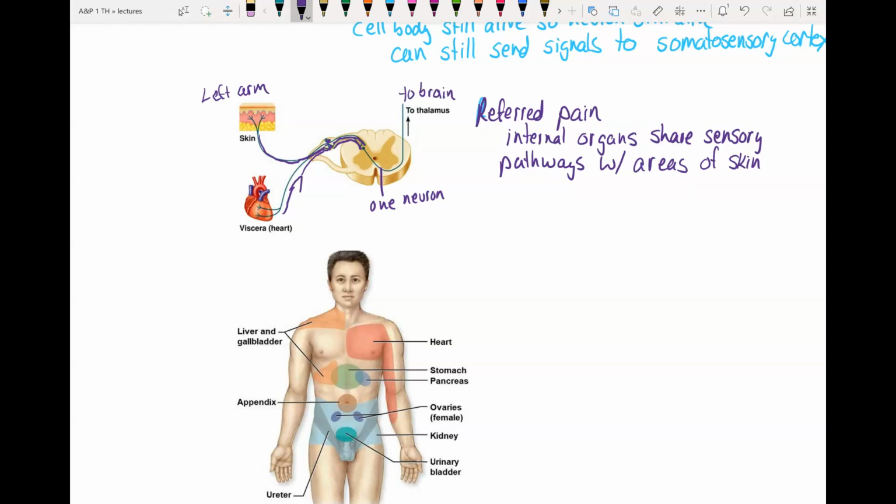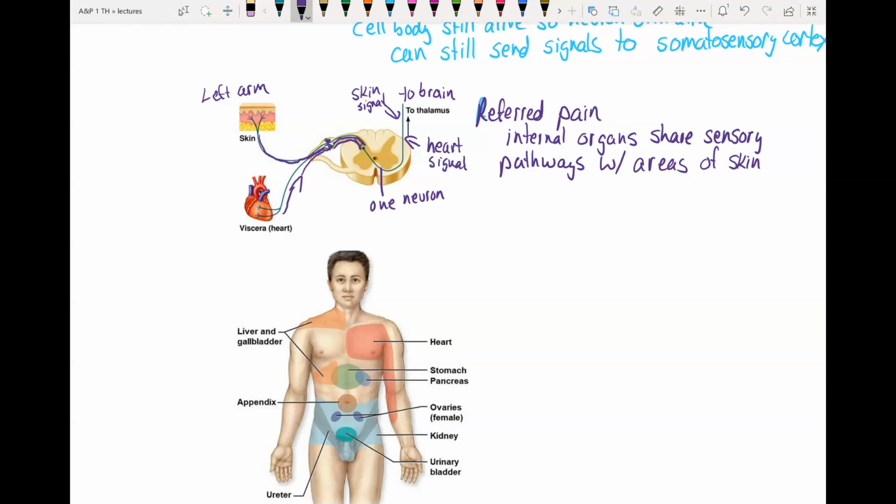So whenever the skin is hurt and it sends a signal, your brain gets the signal from the skin on this neuron. When your heart is hurt and it sends a signal up to your brain, it's the same neuron that carries the heart signal.